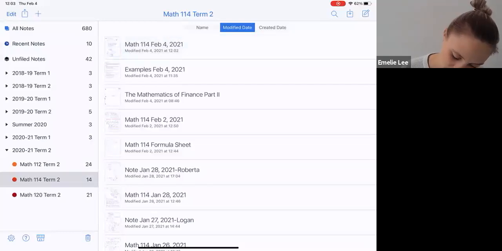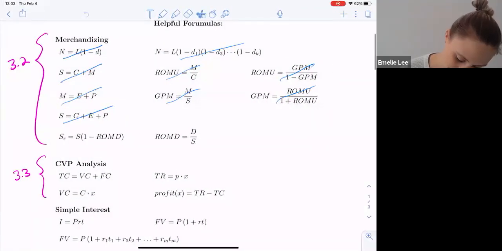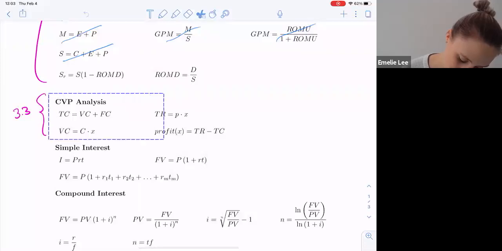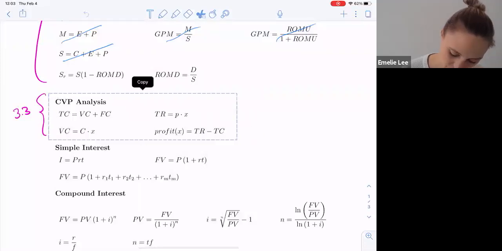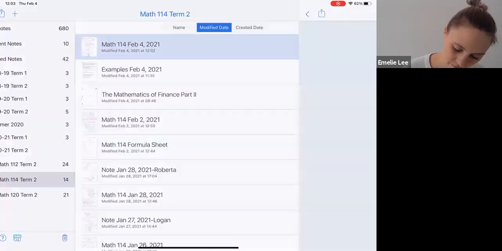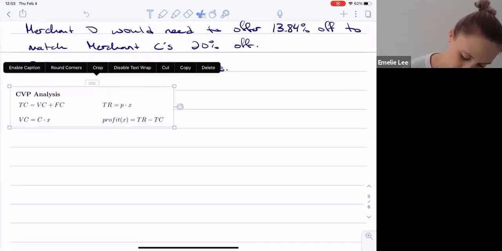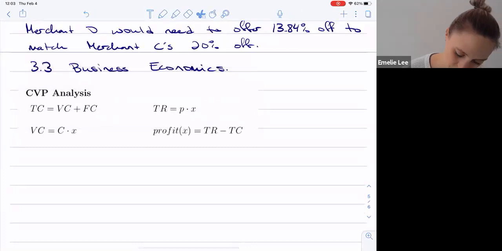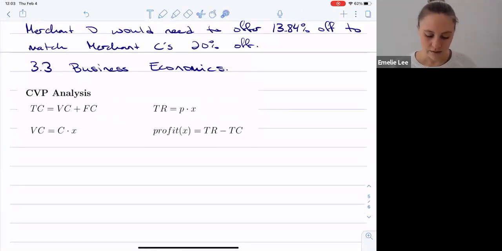So I want to take the formula sheet here. It's called CVP Analysis, and I think I confessed last day, I never remember what CVP stands for. I think the C is cost, and V might be volume or value.